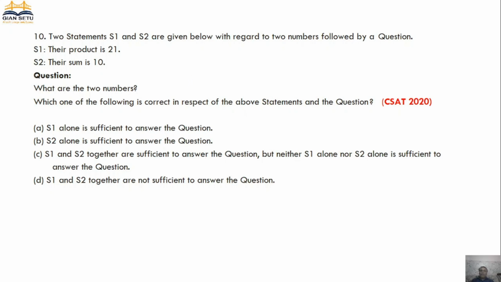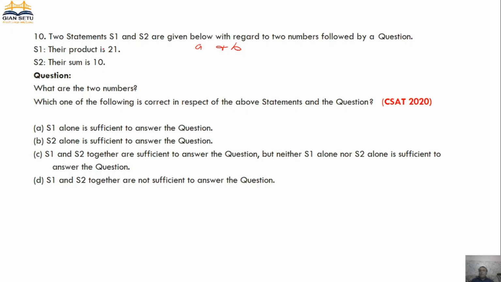So let's suppose the two numbers are A and B. Now according to statement 1, their product is 21. We cannot solve this question using statement 1 alone. Similarly, we cannot solve this question with the help of statement 2 alone.